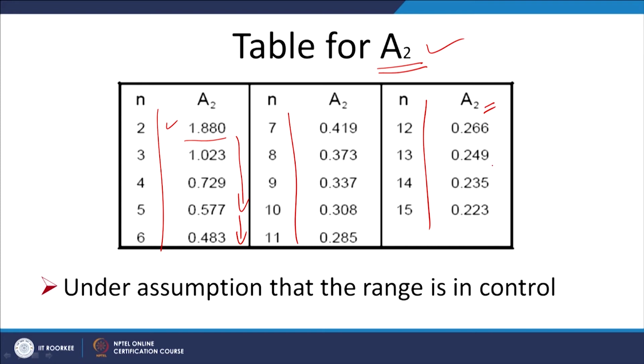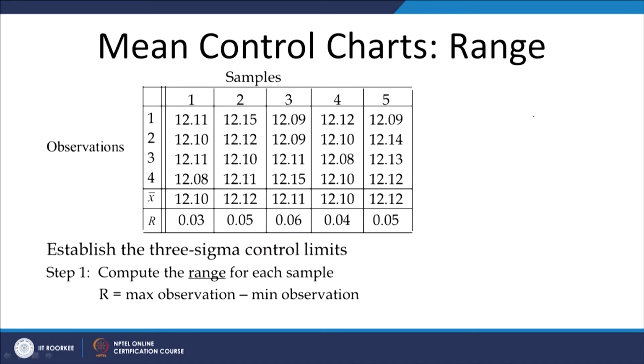While a higher sample size will lead to a reduced value of A2, and that in turn will bring the upper and lower control limits close to the center line and make the control chart sensitive to fluctuations.